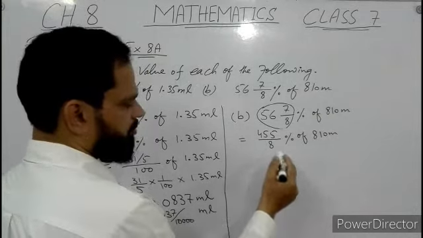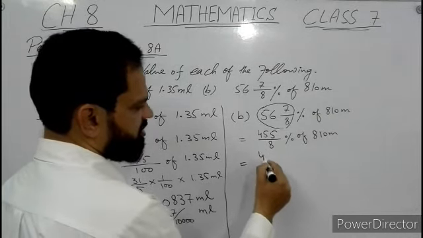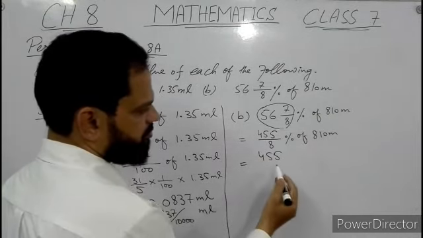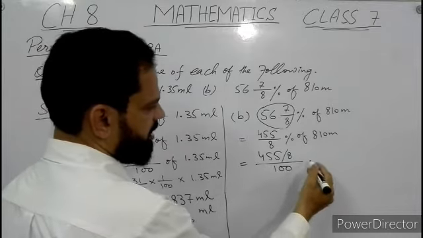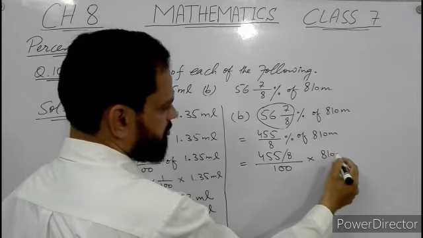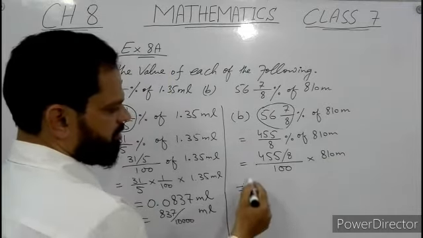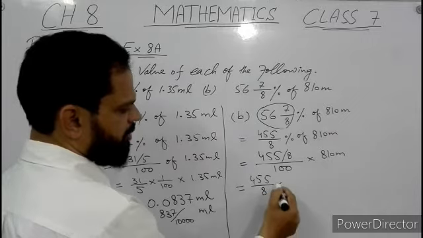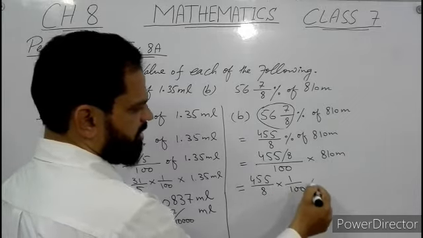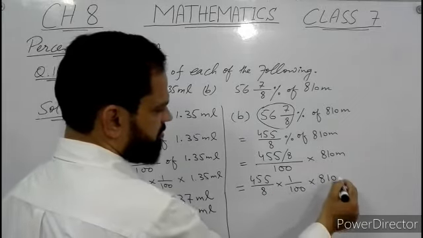Now by removing a sign of percentage, we will divide with 100. Now it will become 455 over 8 multiplied by 1 over 100 multiplied by 810.